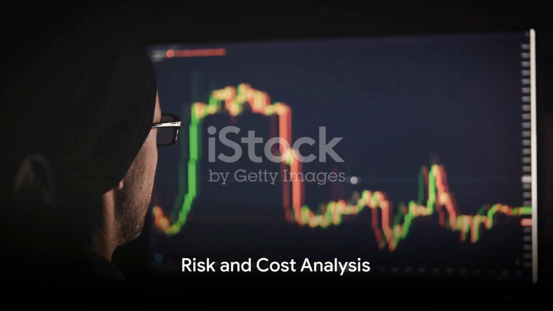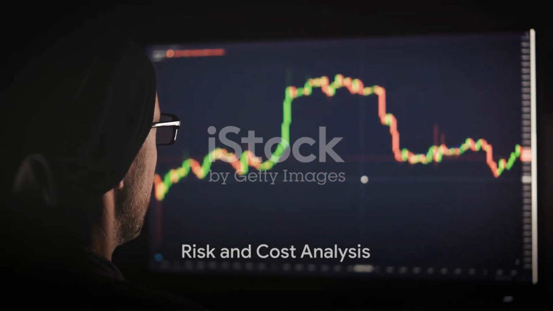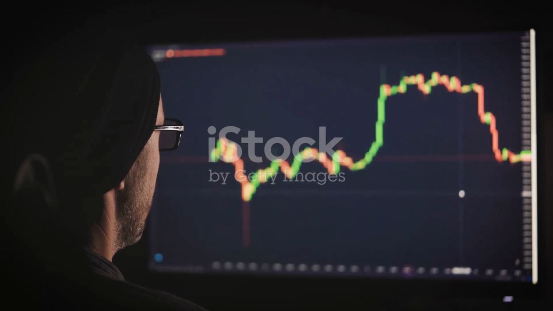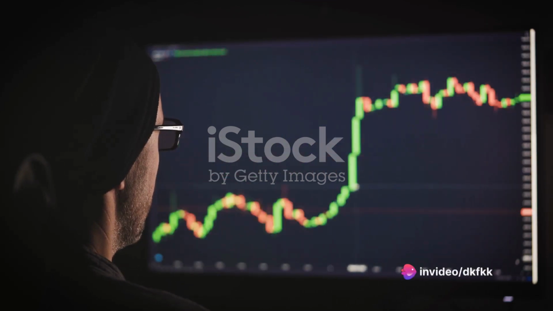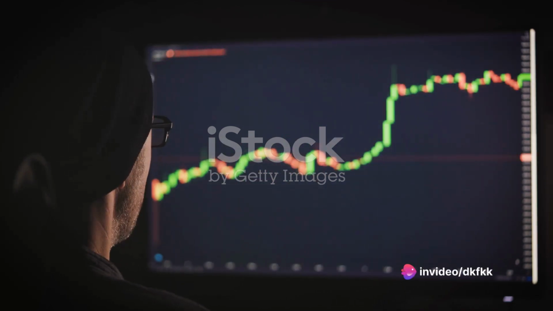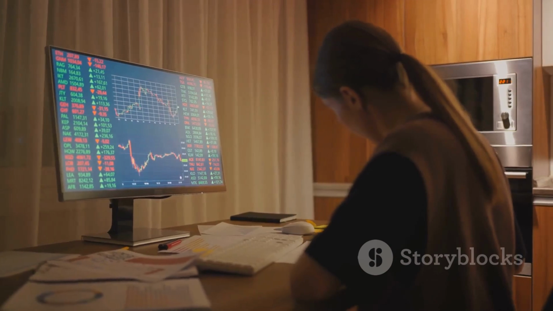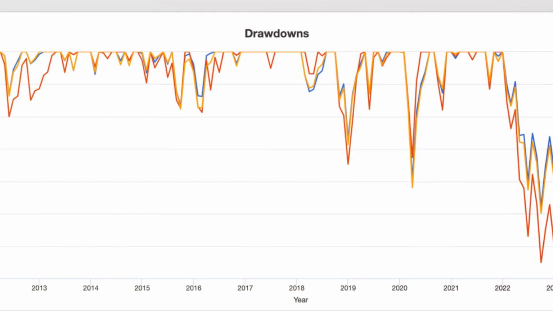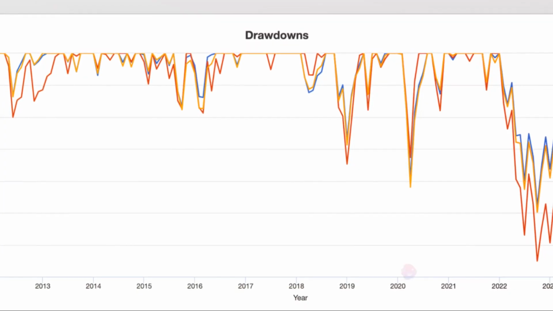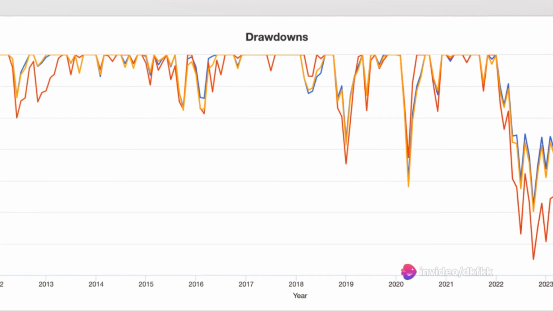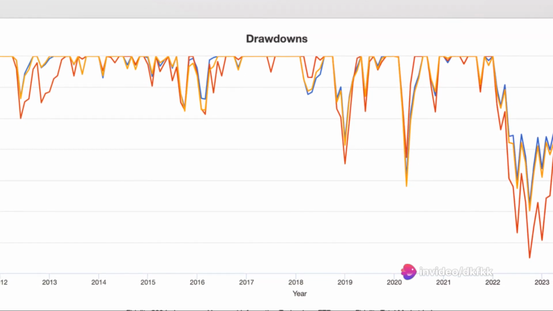Risk and cost are two other crucial factors to consider in your investment decisions. When we look at standard deviation, a measure of volatility, the Fidelity Total Market Index, Fidelity 500 Index, and the Vanguard Information Technology ETF show figures of 14.82%, 14.36%, and 18.26% respectively.